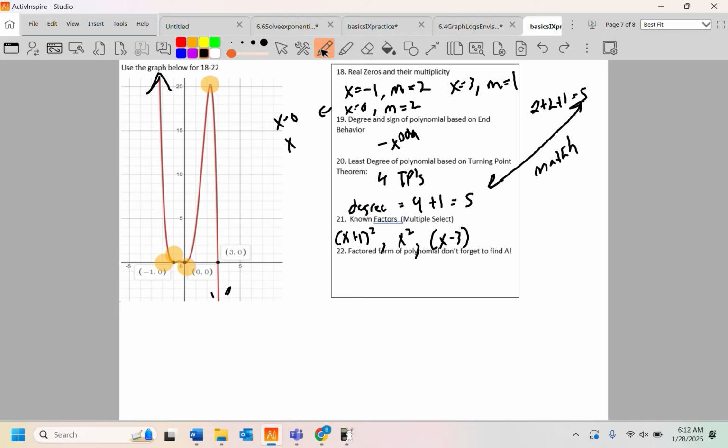I didn't label this point here, but I'm quite certain that point is at 2, 20. Sure looks like it's at 2, 20. We're going to call it 2, 20. Actually, that is not at 2, 20. No, it's not, is it?